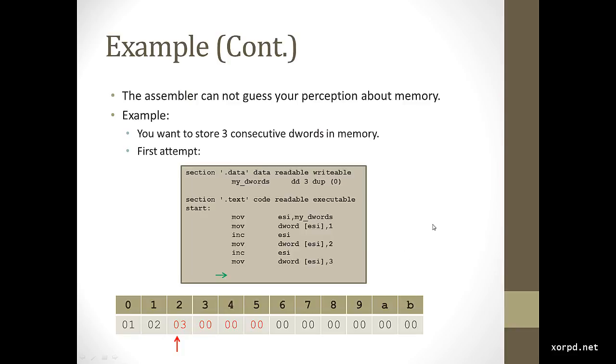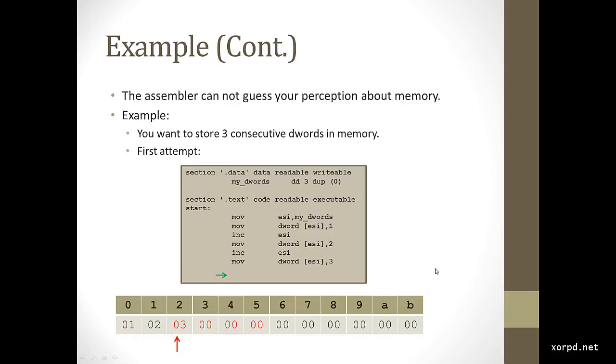As we have already said, this is not what we wanted. We actually wanted to store 3 consecutive dwords. And here we had a problem. The dwords have overridden each other. That's why we didn't even get to these locations in memory. And we have to fix it.